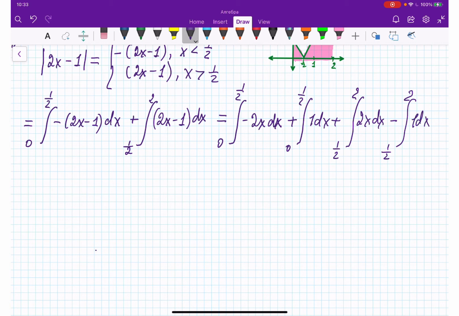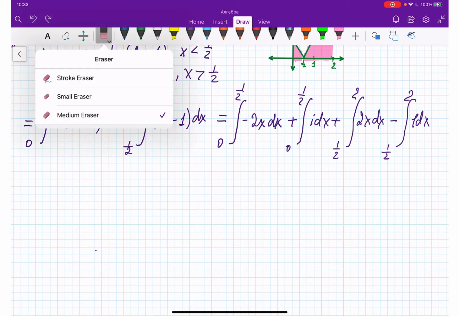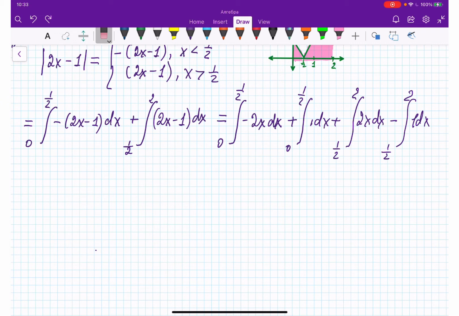I just put the 1 for the heck of it so you will see it is there, but you don't have to put it. It can be just dx. It's entirely up to you.